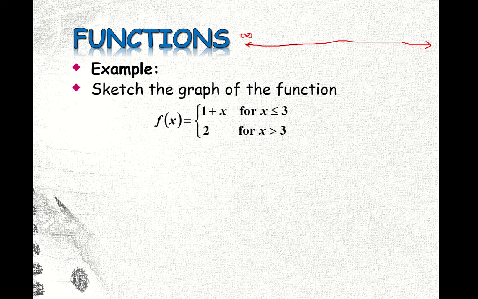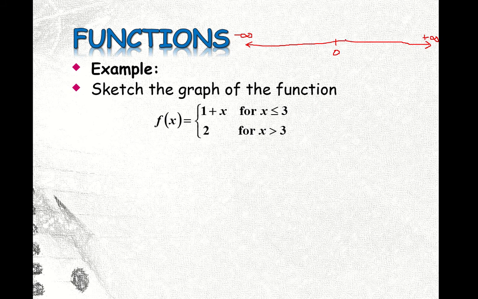This is our number line system. We have negative infinity here. On the right side, we have positive infinity. Assuming this is our 0 here, we have x, and our x is less than or equal to 3.